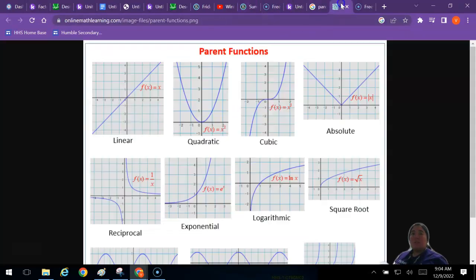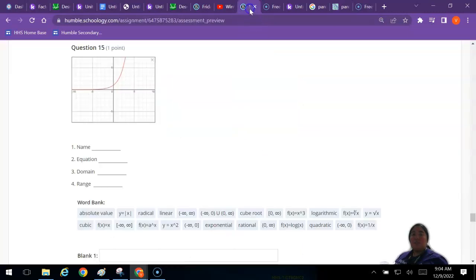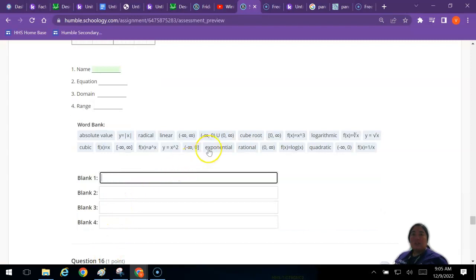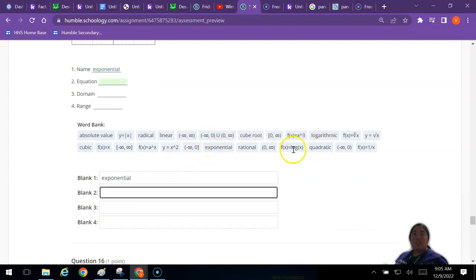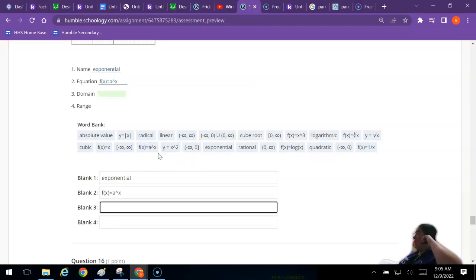This one. That one looks like which one? Exponential, right? That one looks like exponential when you look at your little chart. So you're going to write the exponential equation. It's this one, where x is an exponent.